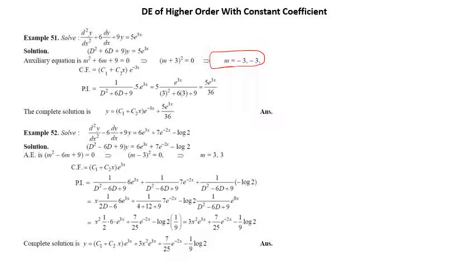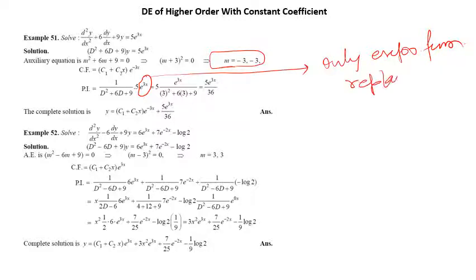If the RHS function is only an exponential type function, we have to apply this rule. Replace capital D by a. What is a? a is the coefficient of x in the exponential part.